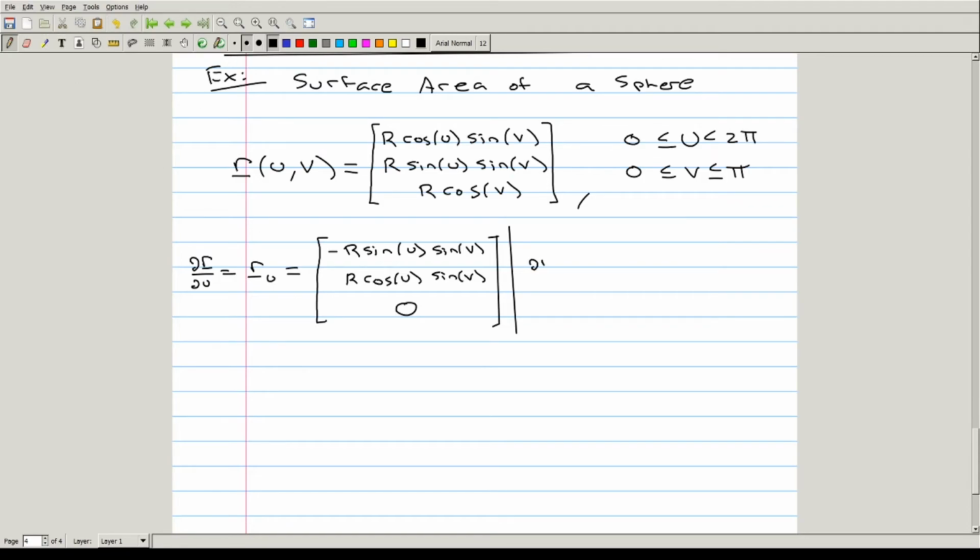And then the other tangent vector is dr dv, or rv. And rv is going to be the v partial derivative of this expression.